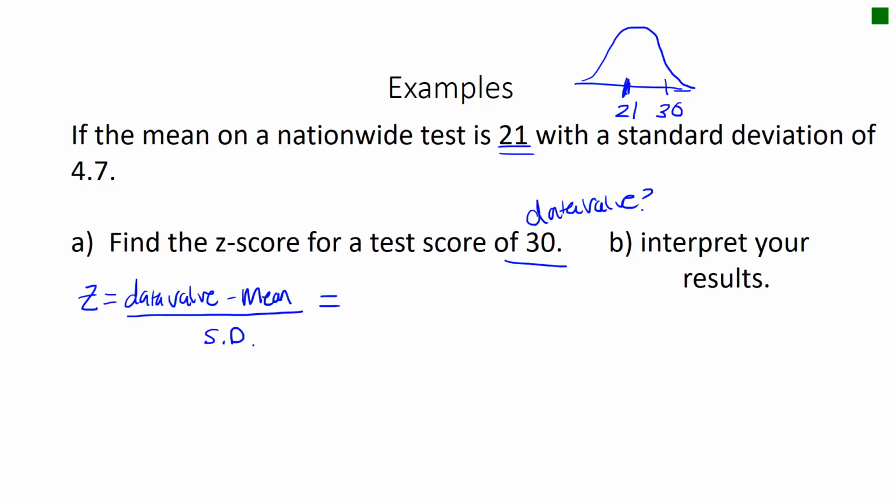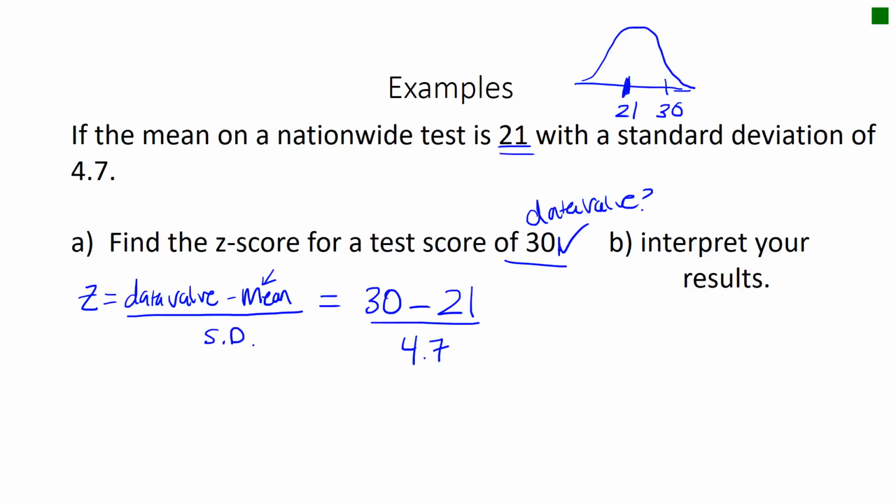If you ever get confused whether to do data value minus mean or mean minus the data value, just look at the curve and decide whether the top should be negative or positive. So the data value is 30 minus the mean of 21, divided by the standard deviation.